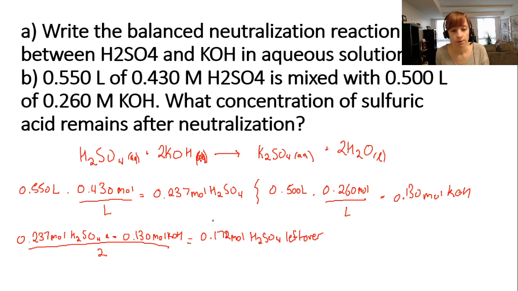Okay, so we figured out how many moles are left over. We just need to convert that into our concentration. So we need to turn it into molarity, the moles per liter.